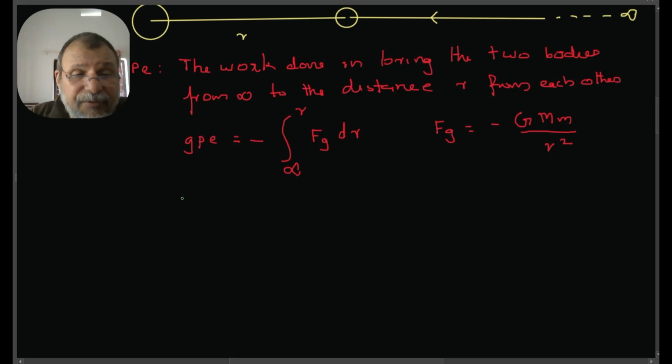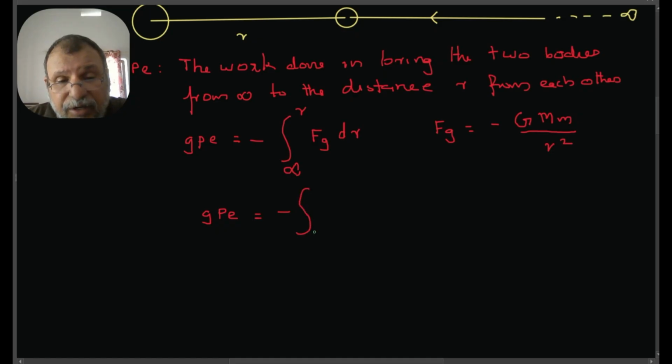So when you do that, you will get GPE of the two bodies system equal to negative integral from infinity to r. Instead of Fg we can write negative GMm over r squared dr. The negative and negative cancel out. When you integrate GMm over r squared, you will get minus GMm by r.